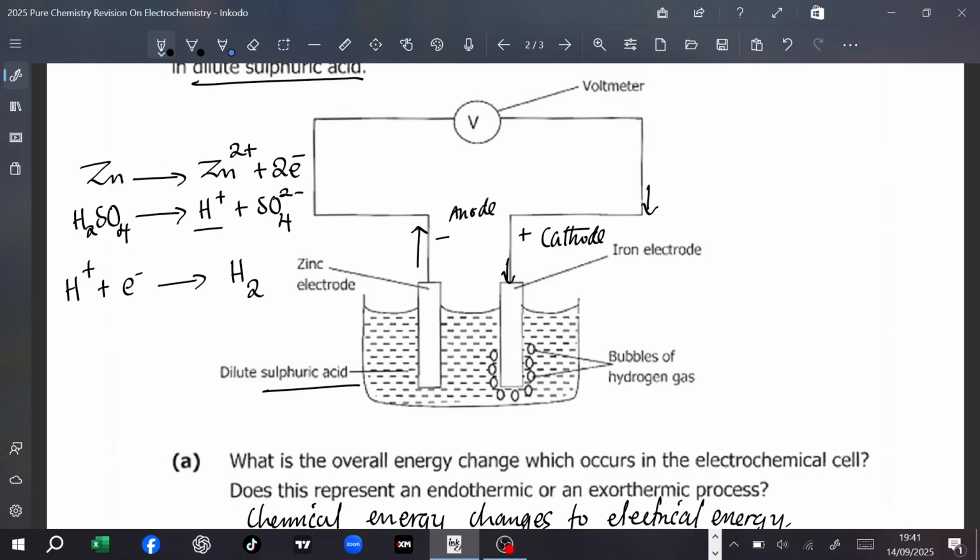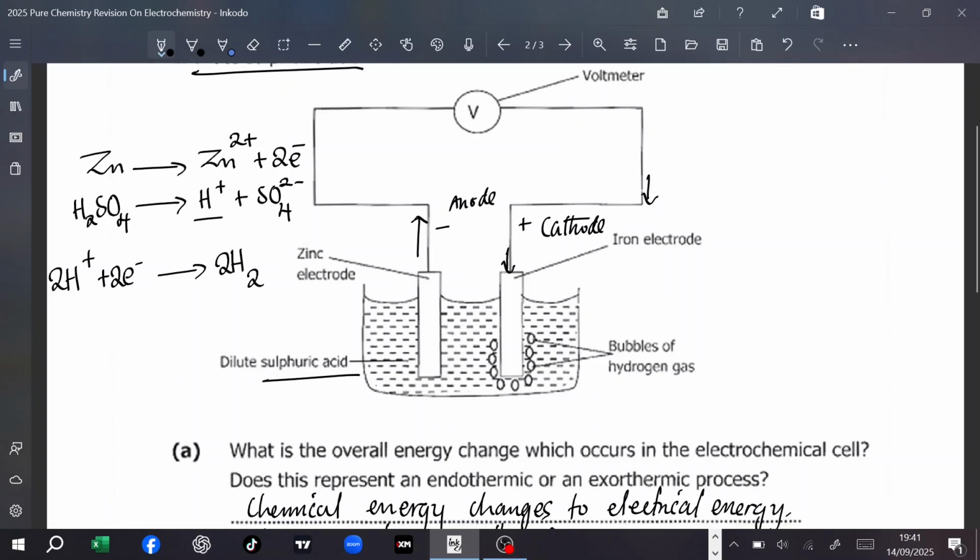So you balance by putting a 2 here to balance hydrogen.